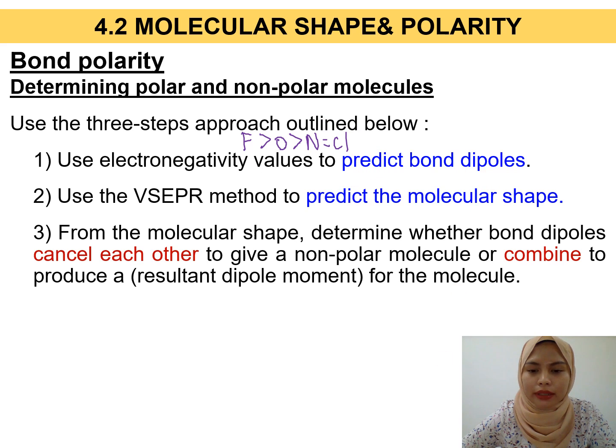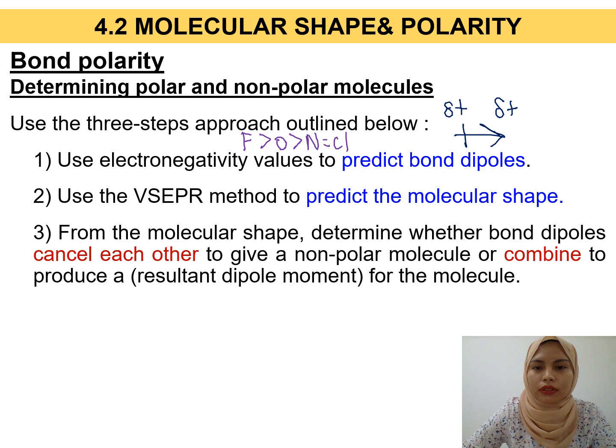Bond dipoles ni apa? Miss dah bagi tahu before this, this is bentuk bond dipole. Okay, dia akan bergerak daripada less electronegative atom kepada more electronegative atom. Okay, so you kena predict the bond dipole dahulu, lepas tu barulah guna VSEPR method to predict the molecular shape.